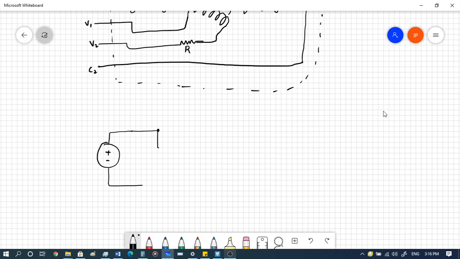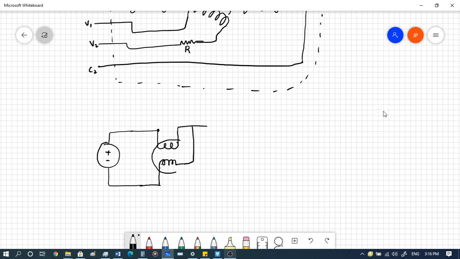From here our current coil will be in series, and the pressure coil will generally be in parallel connection. This is how we connect our wattmeter.